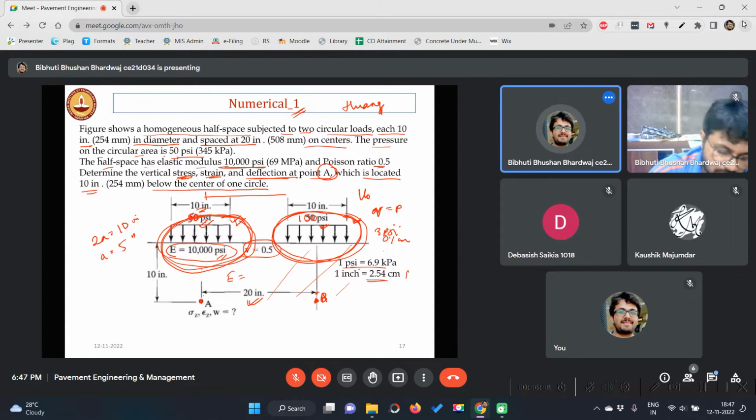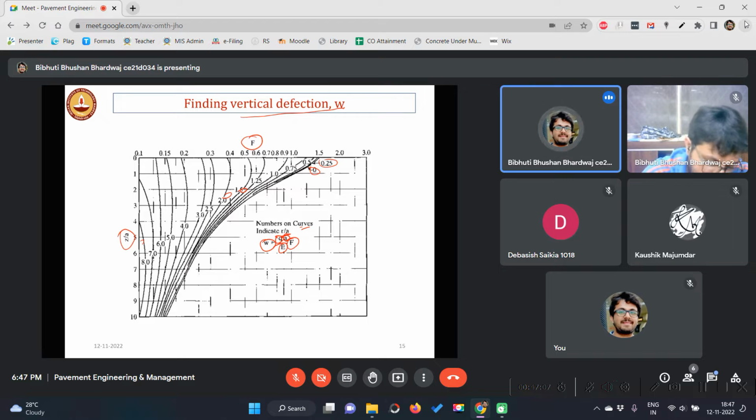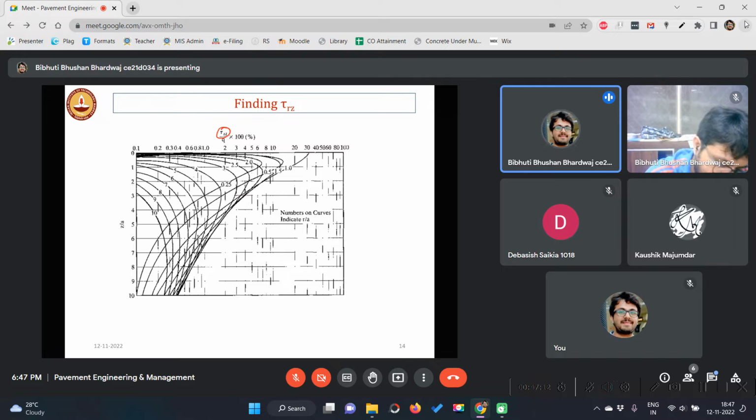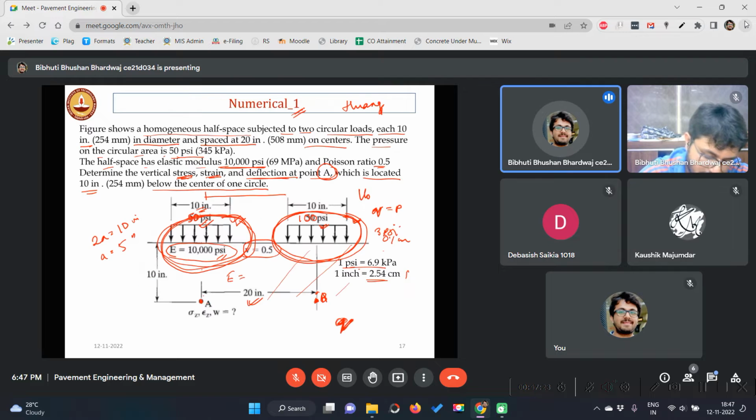Since there are two loads, how to take Q? How to approach this situation? Can anybody tell me? Because if you see here, unit Z by A and R by A, right? Z is constant here, 10.